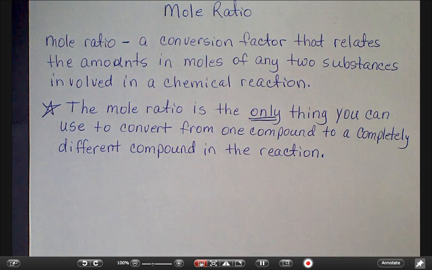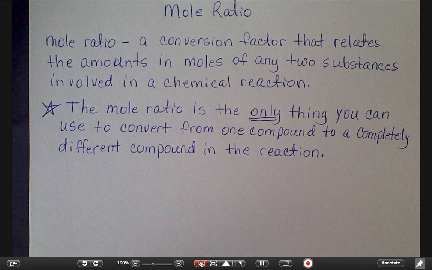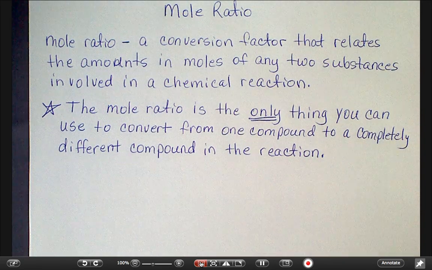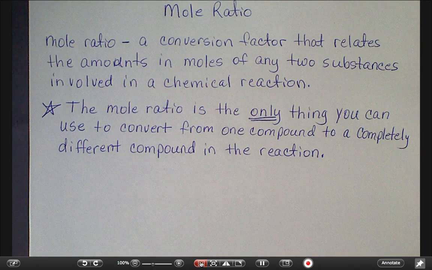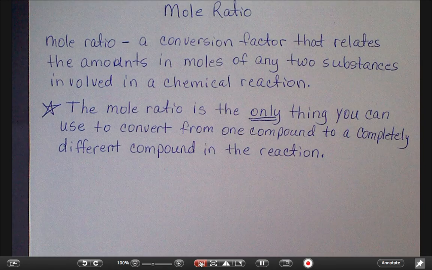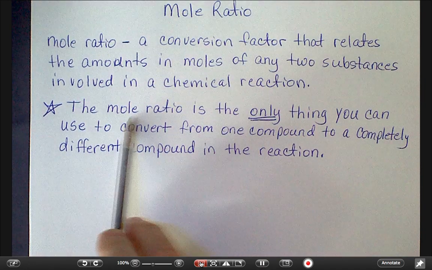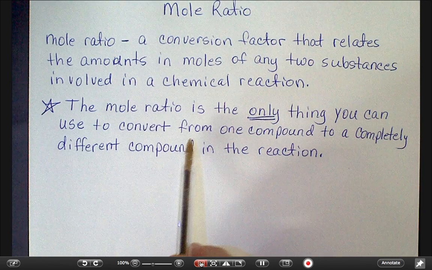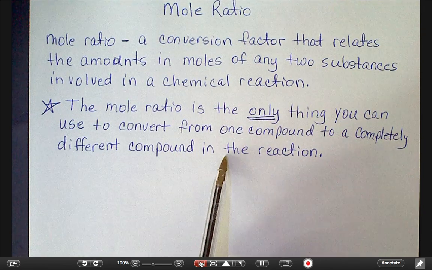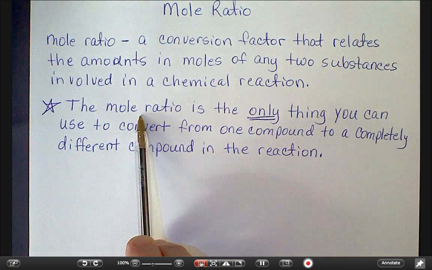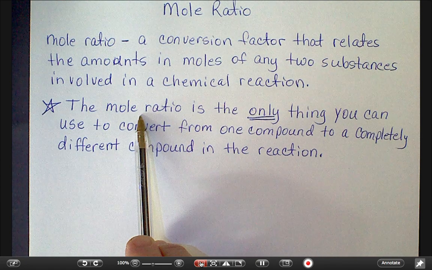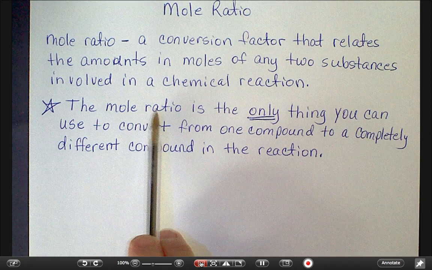Okay, how is stoichiometry different? In stoichiometry, you change from one compound to a different compound in your reaction. So the only thing that you can use to go from one compound to a different compound in your reaction is the who? Mole ratio. Nothing else can change you. Nothing. Okay? So this is vital that you get that.